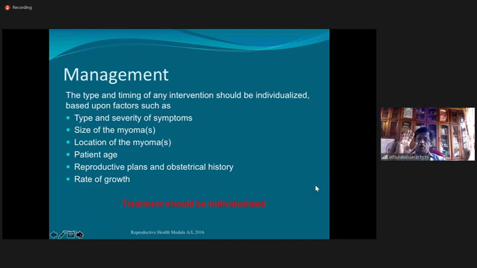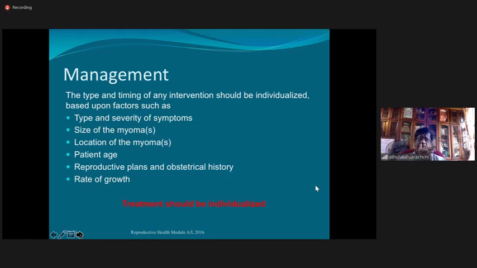So you have to think of what symptoms are being produced, where the fibroids are, how big they are, and of course the age of the patient, from young to over 70s, and whether there are plans of having a pregnancy.